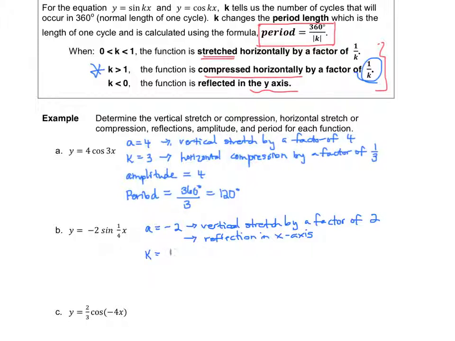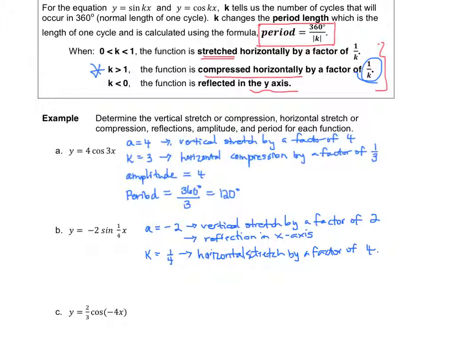All right, our k value is 1/4, which tells us that we have a horizontal stretch, by a factor of, now 1 divided by 1/4 is 4. So we have a horizontal stretch by a factor of 4. So basically, the factor is only a fraction if it's a compression, not if it's a stretch.